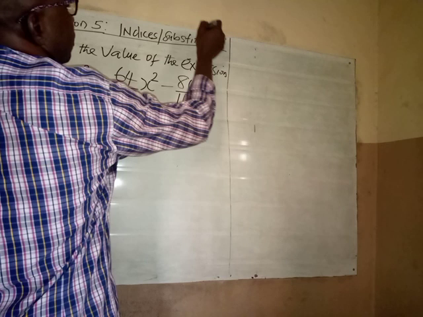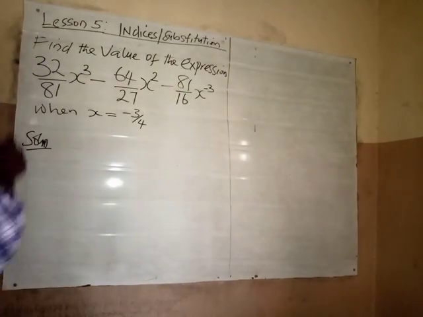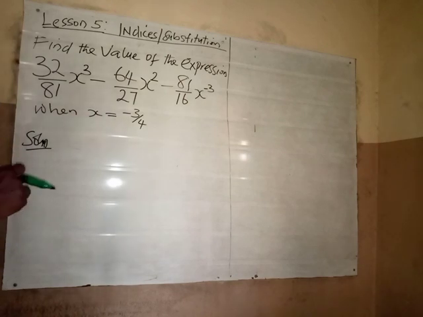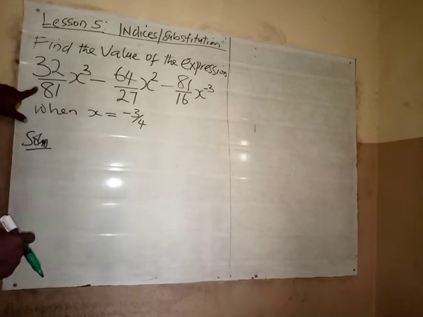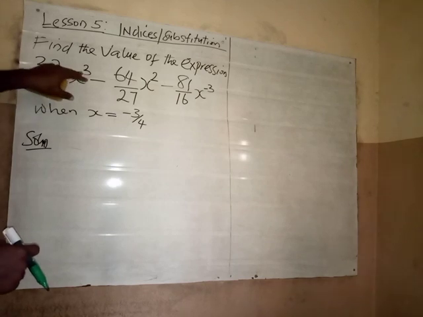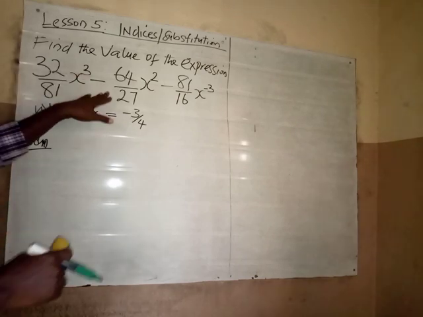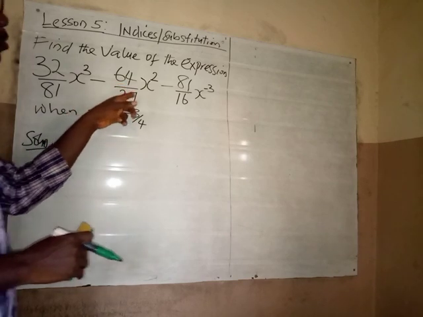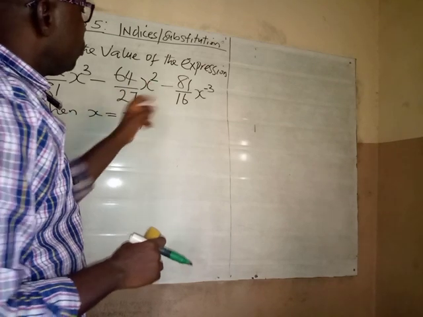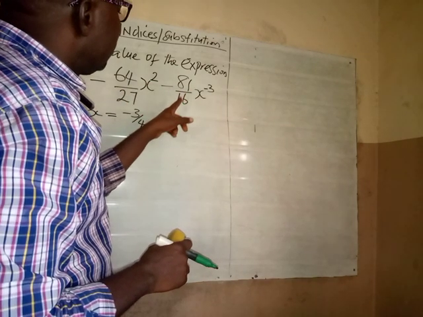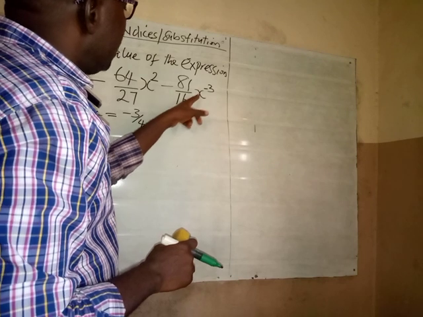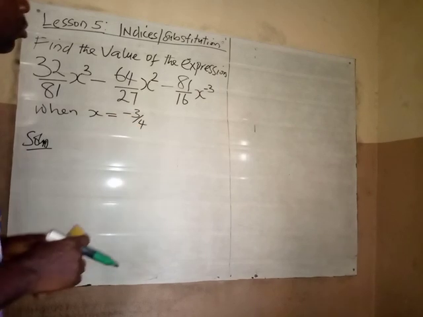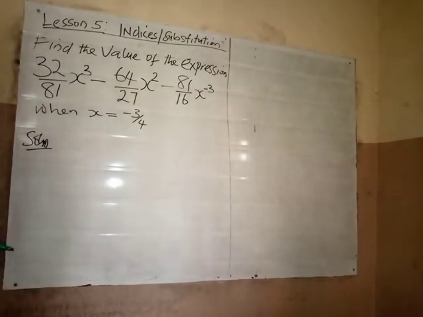Substitution. Indices slash substitution. Find the value of the expression 32 over 81 s raised to power 3 minus 64 over 27 s raised to power 2 minus 81 over 16 s raised to power minus 3 when s is equal to minus 3 over 4.